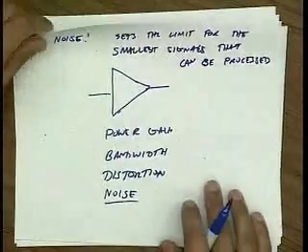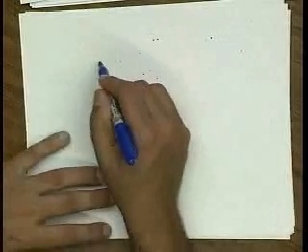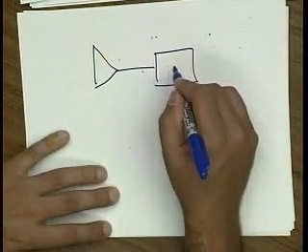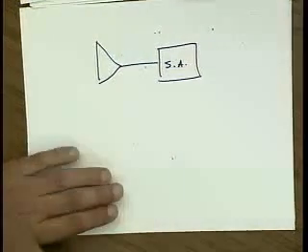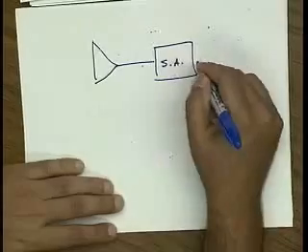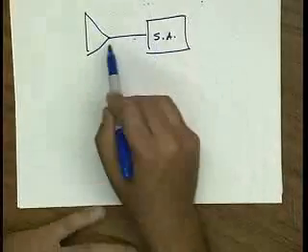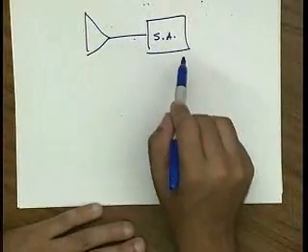In other words, if I actually take the output of my amplifier and look at it on a spectrum analyzer, okay? A very rough way to look at it is plotting how much power is in a given frequency band.